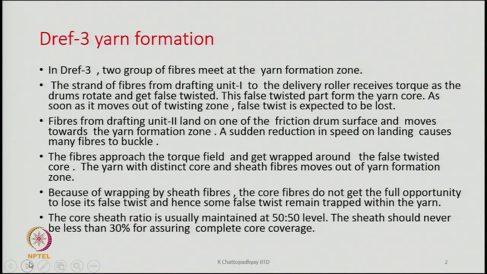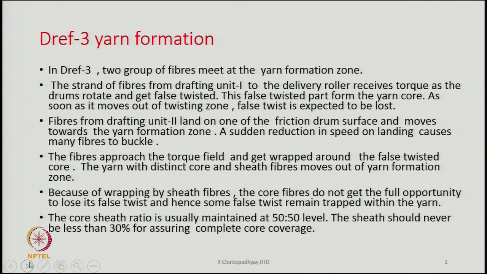friction drums, and the friction drums are actually turning in the same direction. So, at the nip area, the two surfaces of the drums move in opposite directions, and the fibers coming from the drafting unit 1, this set of fibers, initially get twisted by the two drums.